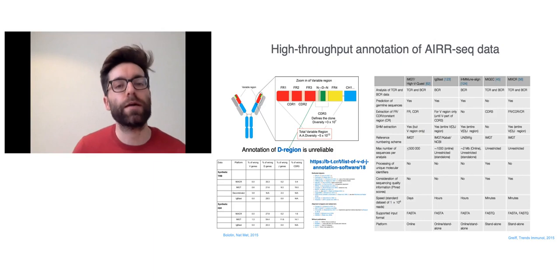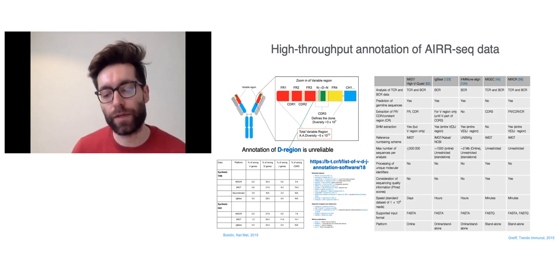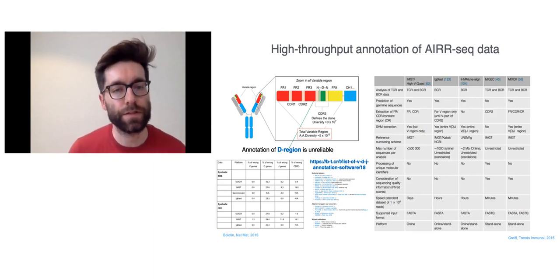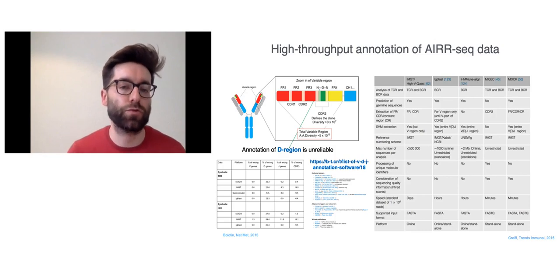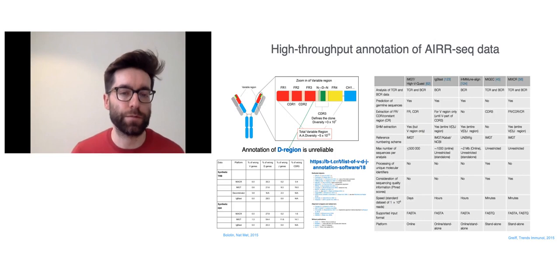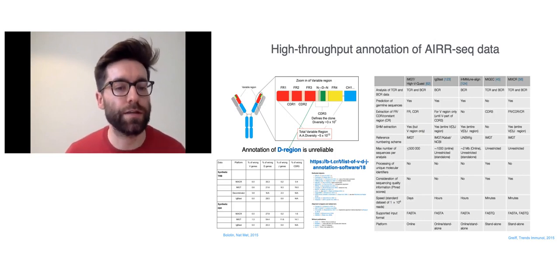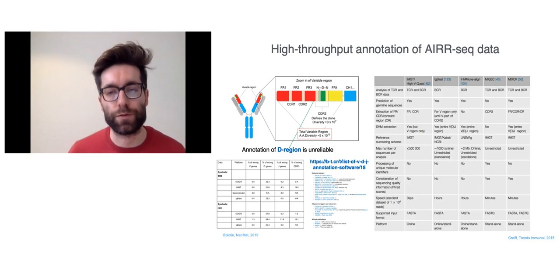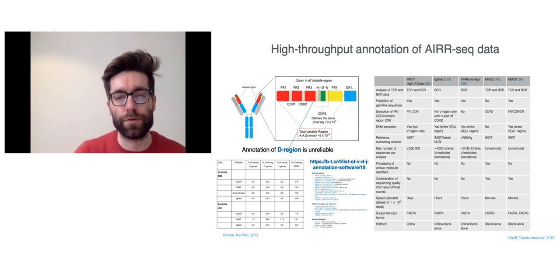Could have been, but the more likely thing is that it was just not found because the D just gets chopped up too much during VDJ recombination. So that's something to keep in mind. On the other hand, V and J assignment is usually higher than 99% accuracy for most of the tools. So that's not something that one should worry about.